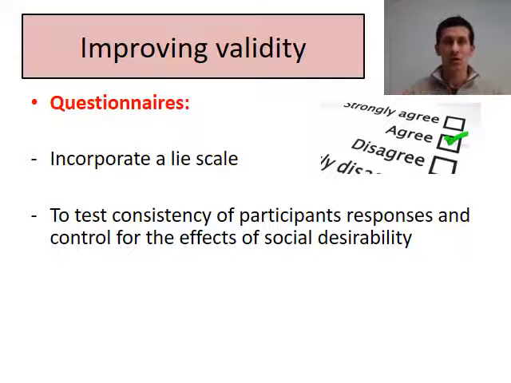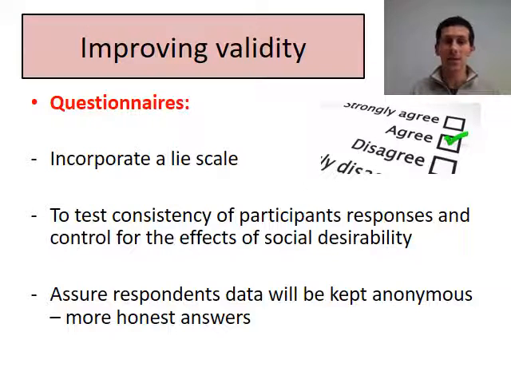It also helps control for effects of things like social desirability. And make sure you tell participants that their results are going to be anonymous. They're far more likely to give honest answers to your questionnaire if they know that their results are going to be anonymous and their names aren't going to be used. So three good ways there to improve the validity in a questionnaire.